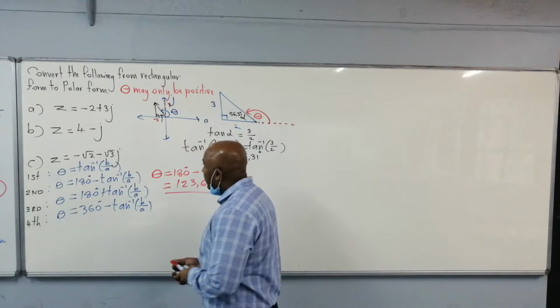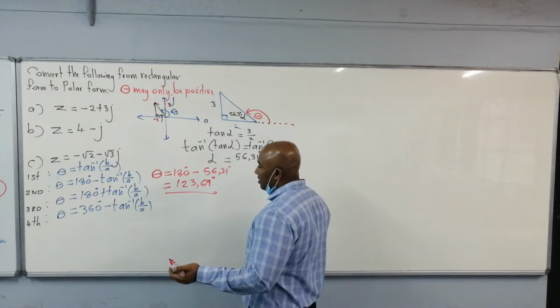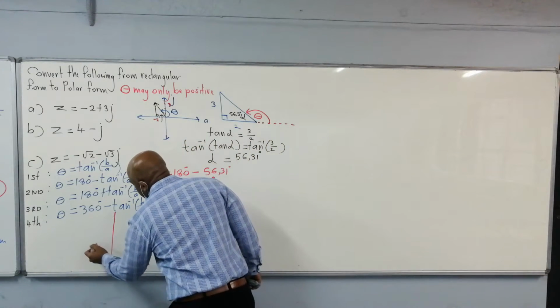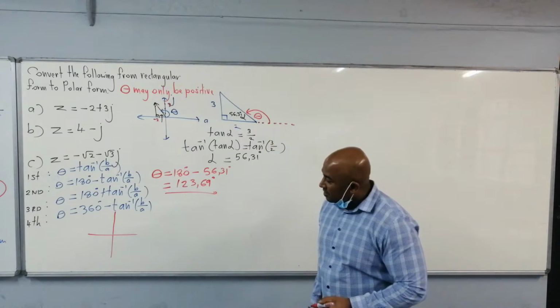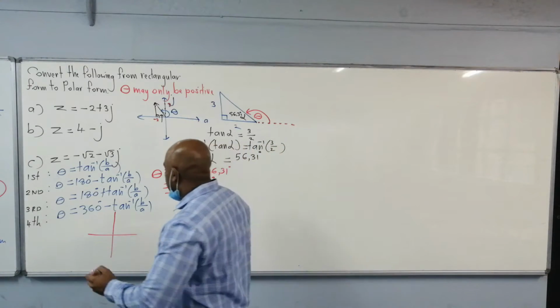Remember your basic CAST diagram. You don't need knowledge of everything in trigonometry, but you need the CAST diagram, just to remember how to get your angles in each quadrant.